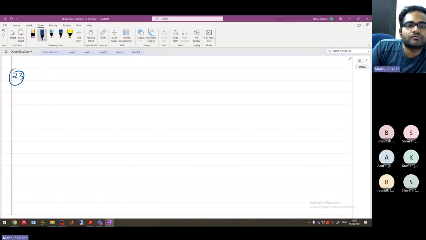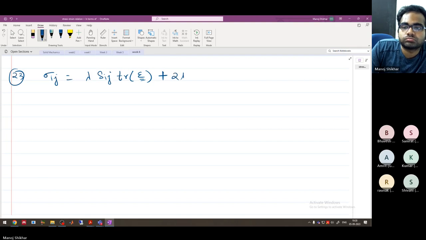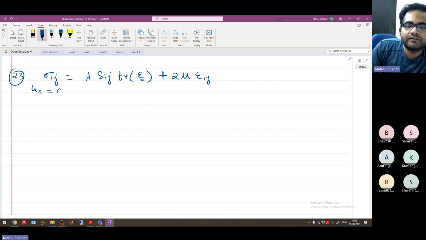So what was the formula for stress? Now they have given you that ux equal to ay, uy equal to 0, and uz equal to 0.